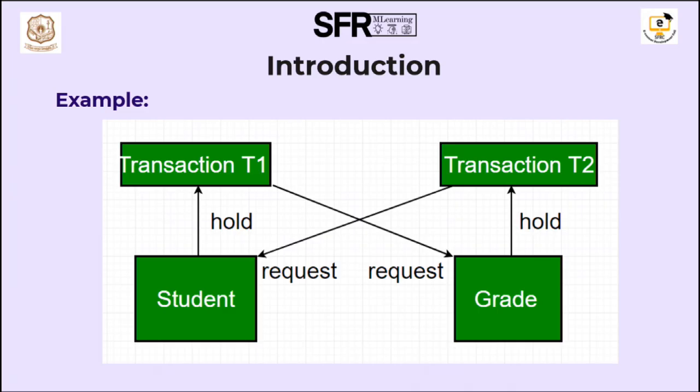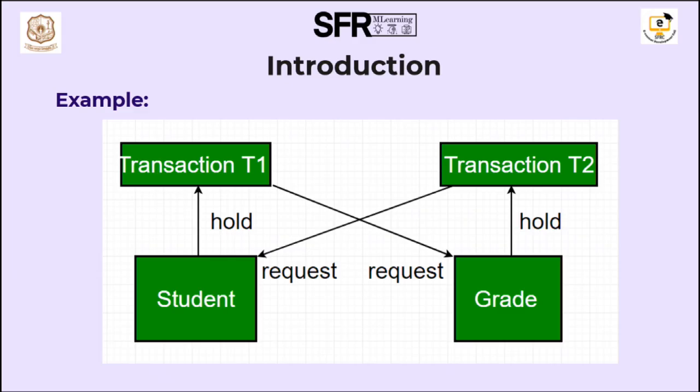That is, T1 holds the student resource and needs the grade resource. So it holds the student database and makes a request to access the grade database. Transaction 2 holds the grade database and needs the student database to process the transaction. So it sends a request to transaction 1.